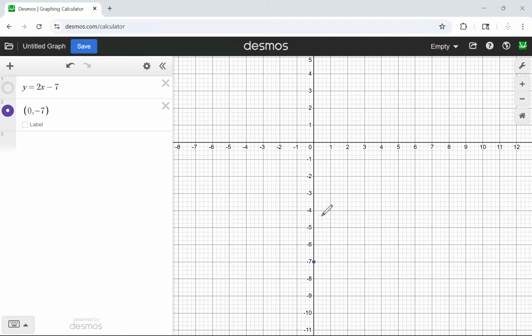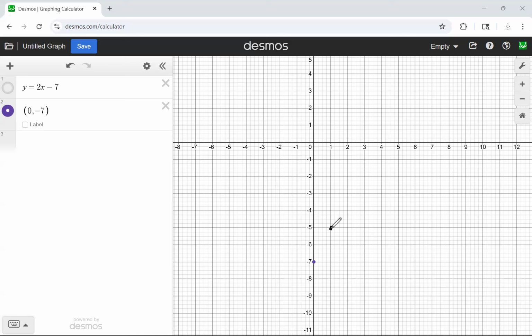All right, so I've already plotted the point 0, -7, and I know that the slope is 2, or 2 over 1. So here's 0, -7. Knowing that the slope is 2 over 1 means I go up 2 in the y direction and right 1 in the x direction.